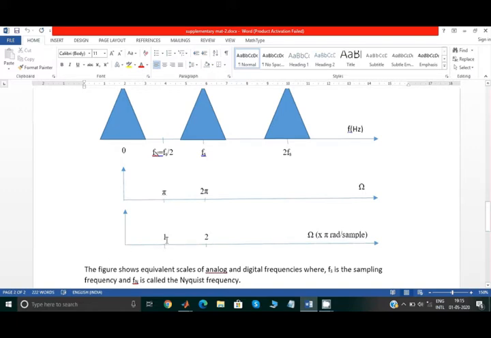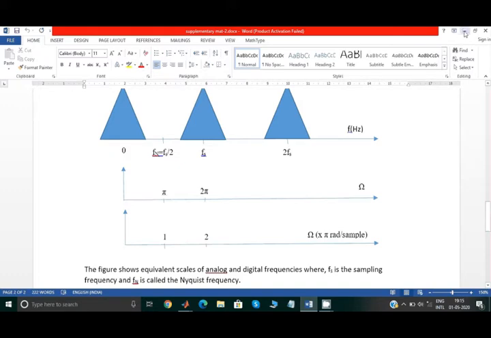The range is restricted to 1, so this is the normalized frequency range. We can convert this to this by multiplying by pi. So just notice that the frequency in hertz, whenever it ranges from 0 to fs by 2, is equivalent to 0 to pi here, and equivalent to 0 to 1 here.